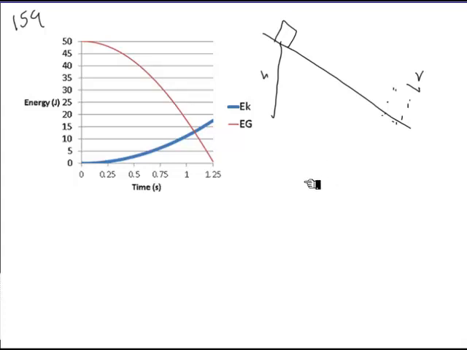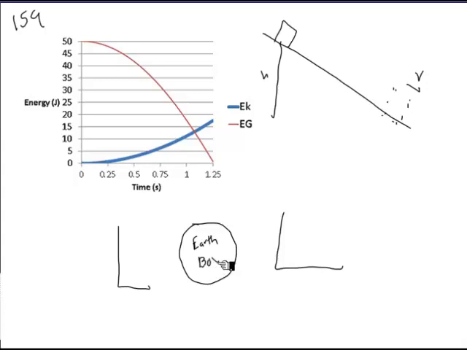But you'll notice if we try to draw an LOL diagram, or an energy bar diagram, and include the Earth and the box, then initially we start out with essentially just gravitational potential energy, energy stored in the height or the current position of the box. And at the end, we're out of gravitational potential energy and we just have kinetic energy.